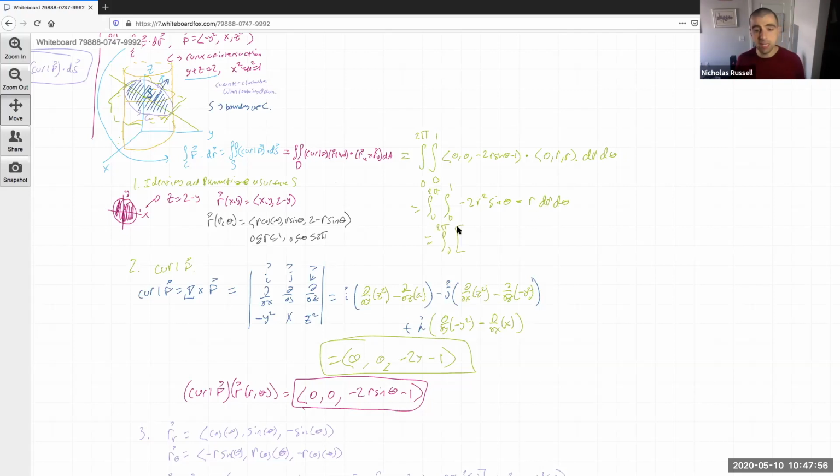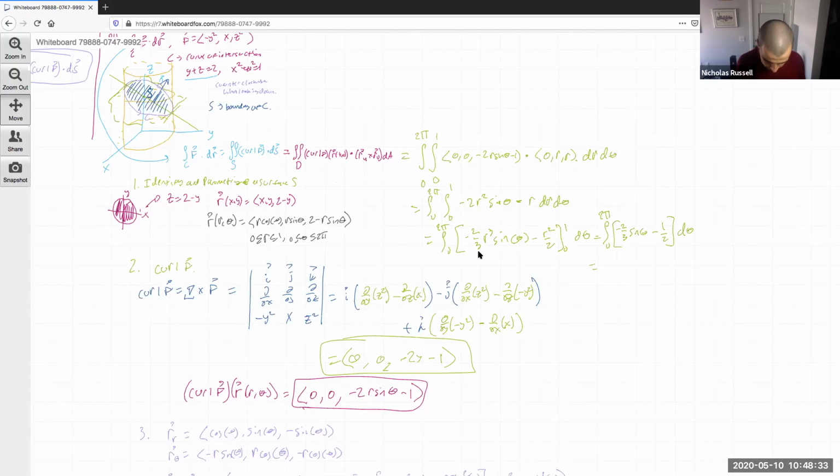If I take this integral with respect to r, this first one will become negative 2/3 r cubed sine of theta, minus r squared over 2. We're evaluating this between 0 and 1. We just plug in 1 here, and this becomes negative 2/3 sine of theta minus 1/2.